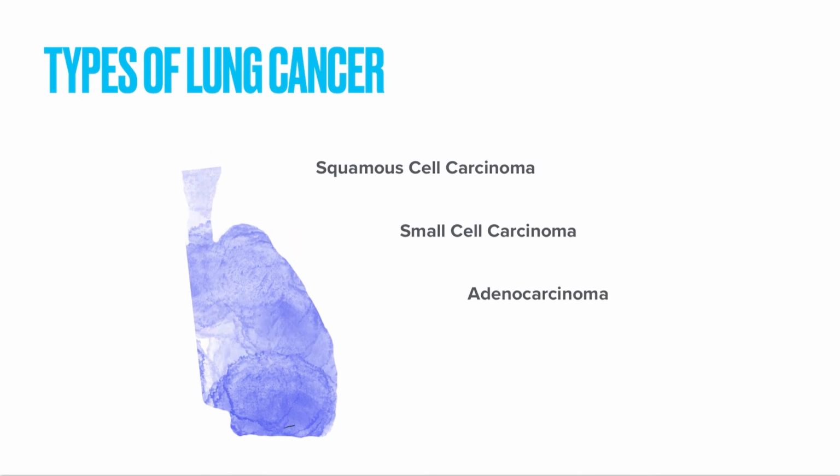That's something that's helpful to know when thinking about where the different types of cancer are located and which ones are more strongly associated with smoking. Squamous cell carcinoma tends to be found in the hilum, small cell carcinoma in the central airways, and adenocarcinoma tends to be found peripherally.